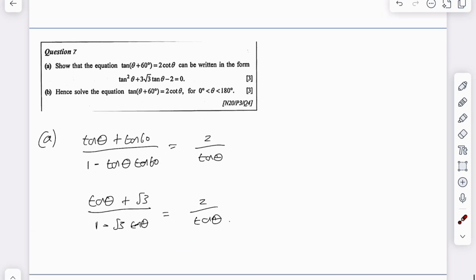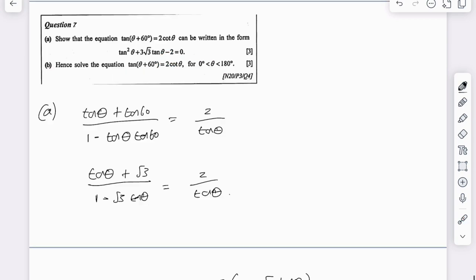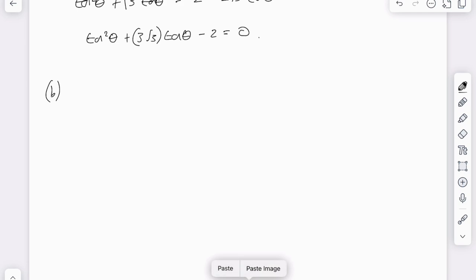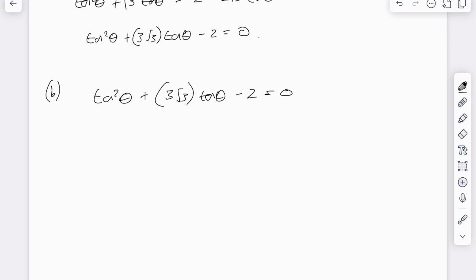Alright guys, now for number B, it wants us to do the following. It says, hence solve the equation tan theta plus 60 degrees equals to 2 cot theta for this period. And we've already put it in this form. So all we have to do is basically solve this problem. Okay, so that is tan squared theta plus 3 root 3 tan theta minus 2 is equal to 0.